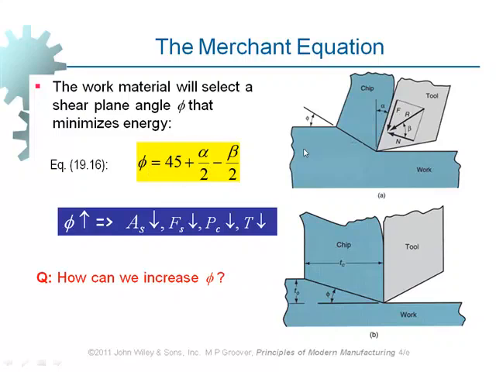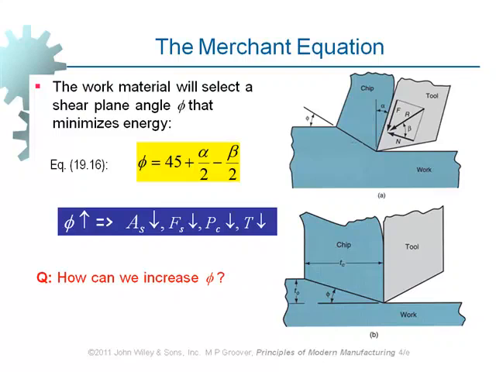Well, decreasing beta or increasing alpha, right? By increasing alpha and by decreasing beta, we can increase phi, and as a consequence, it works well for us in lowering all undesired parameters. That's what Merchant has achieved on the basis of this equation.